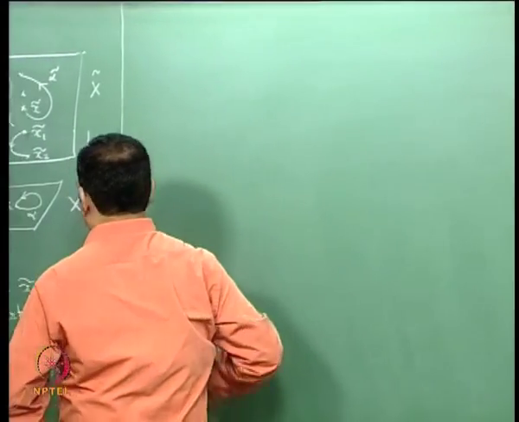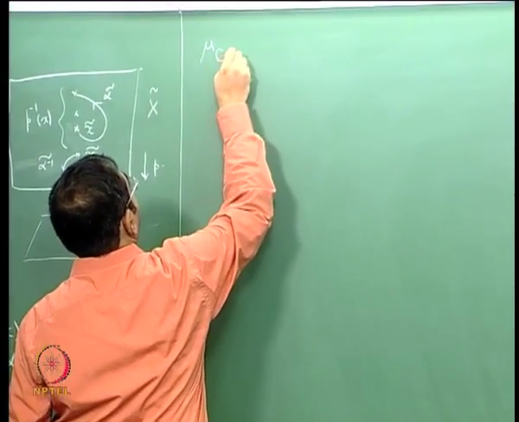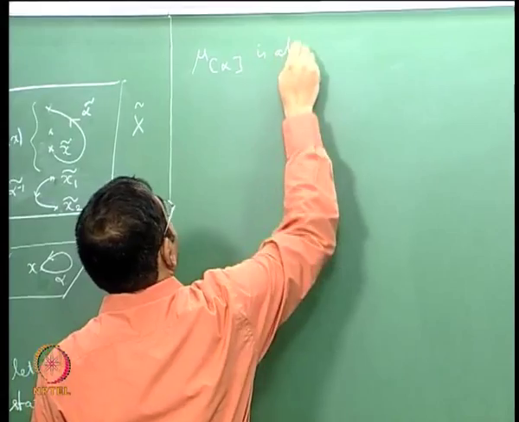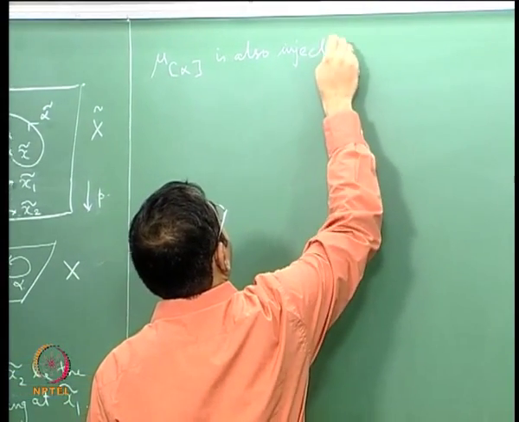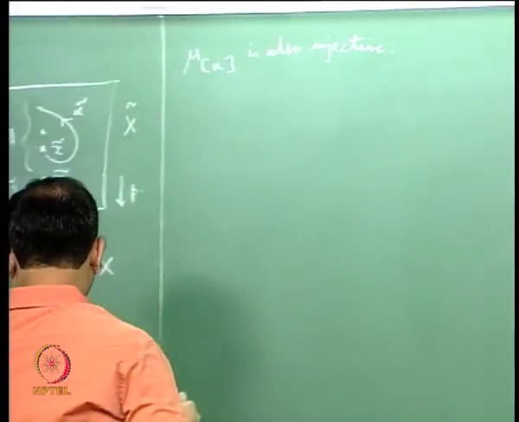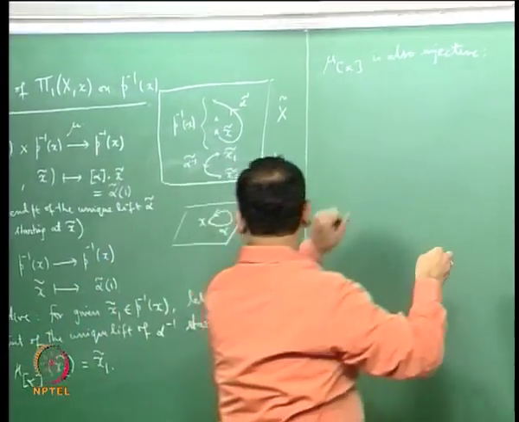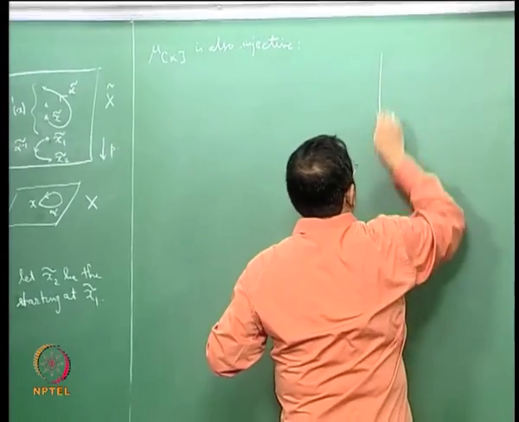That is also very easily understood. Mu sub alpha is also injective, and how do I prove that? Let me draw another diagram.